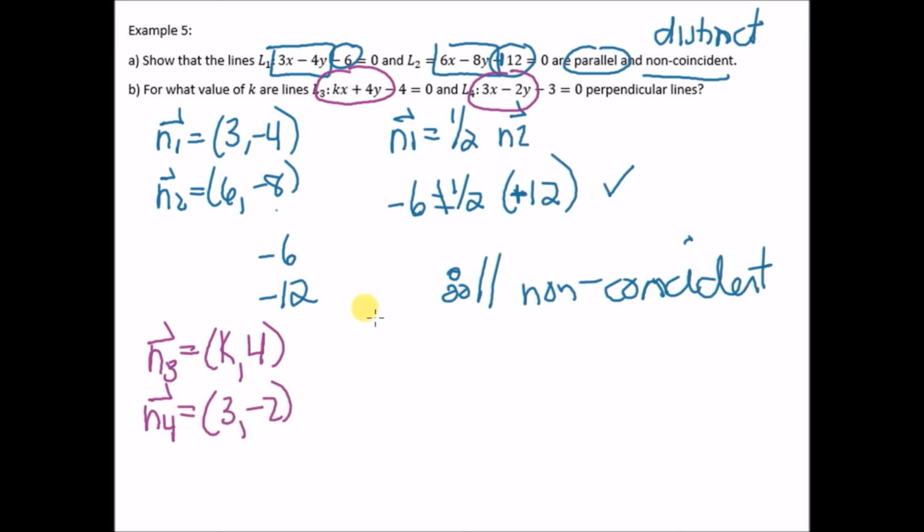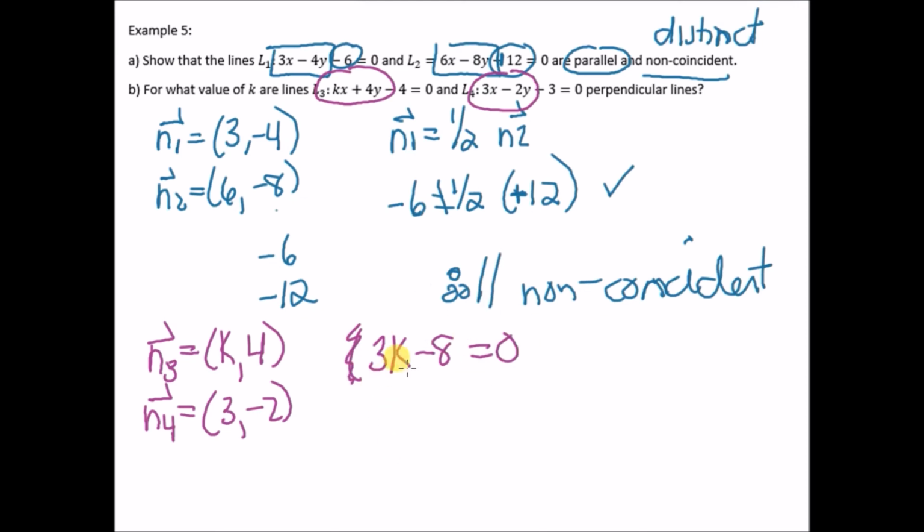What do we know about perpendicular lines? Well, their normals are also perpendicular, so if we take the dot product of the normals, it will equal 0. Let's take the dot product. Multiply the x's, so 3k, and then add the y's, 4 times -2, so -8.